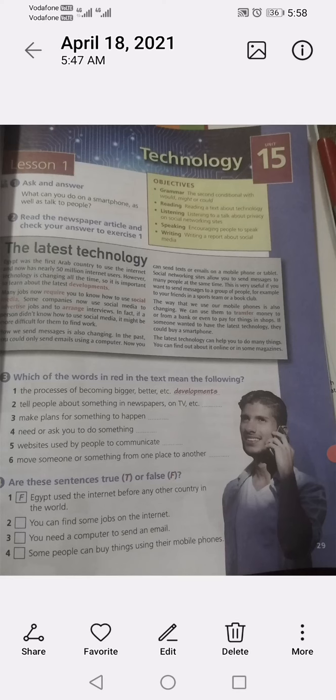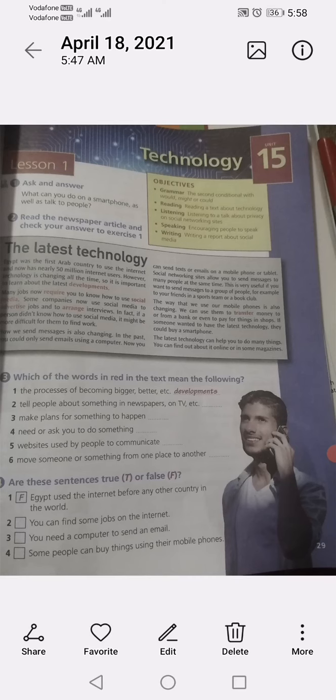Number 2, you can find some jobs on the internet. Yes, true. You need a computer to send an email. False. Okay, you can send it on your mobile phone. Number 4, some people can buy things using their mobile phones. Yes, true. So number 1 false, 2 true, 3 false, 4 is true.